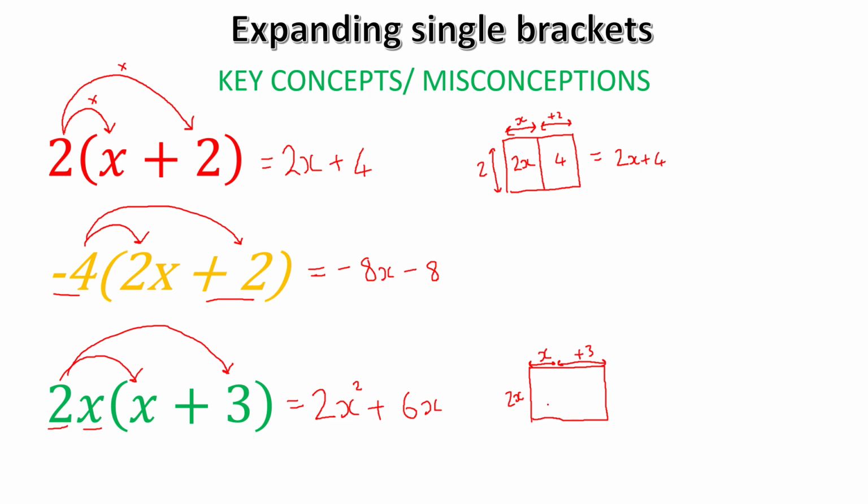So 2x times x, this section here, is 2x squared. And what's 2x times 3? That's 6x. So the total area is these 2 shapes added together, which equals 2x squared plus 6x. And hopefully that really helps with your understanding, which will help you remember how to multiply single brackets.